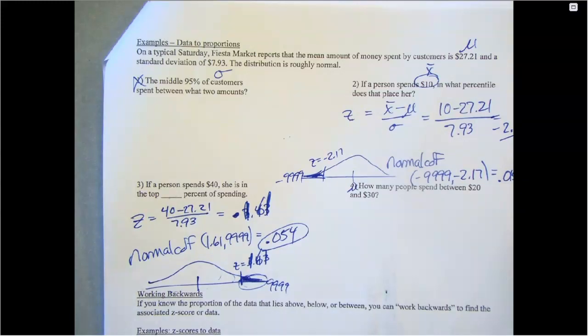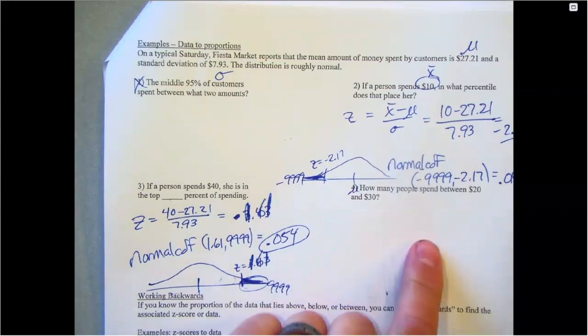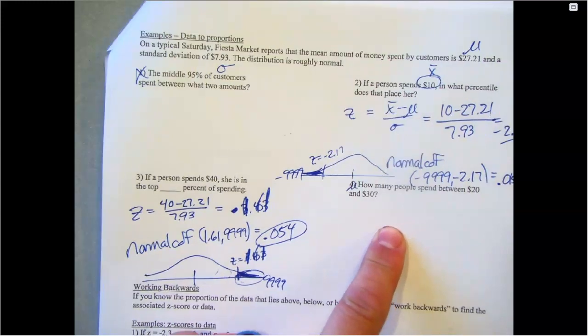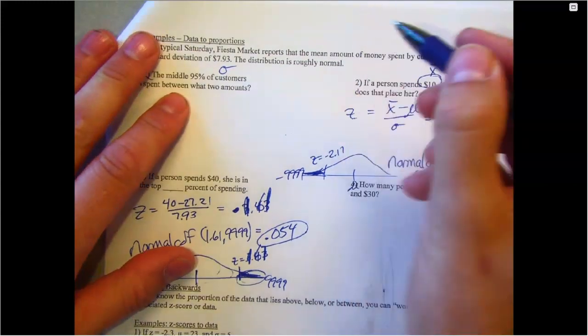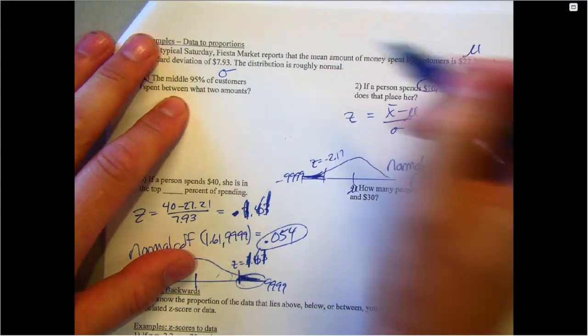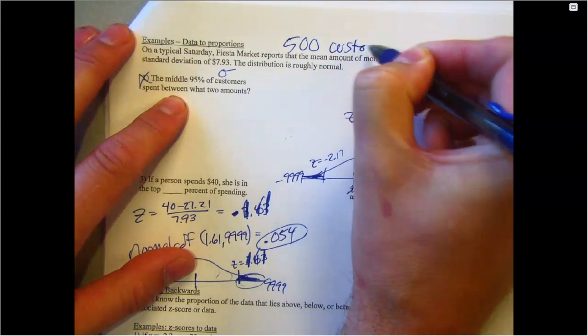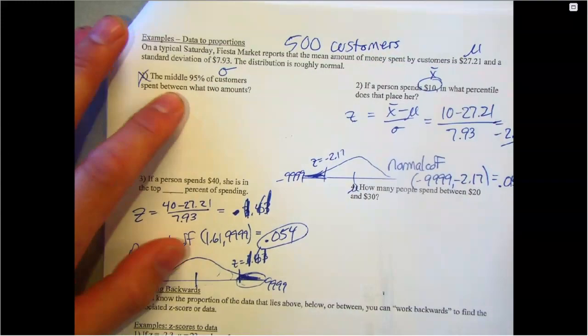So what are we finding? We're finding a percentage. If I find out, let's say this is 10%, then, well, 10% of what? That just tells me percent. Are there 100 people at this Fiesta market? Are there 10,000 people? Percentage and amount are two different things. So let's just fix it, and let's say there's 500 customers. Now try number 4.